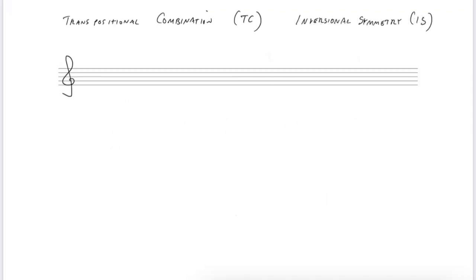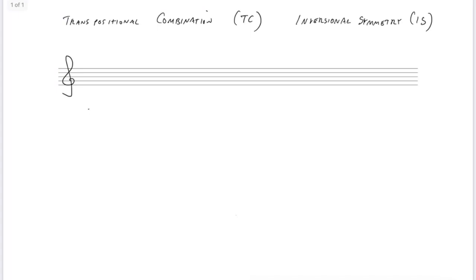We also can have transpositional combination with any kind of set class that's divisible by 2. We can also have it with a hexachord, or with an octachord, or anything that's divided by 2. So let's pick one. We can go to page 111 under the inversional symmetry chart and pick one of those hexachords.